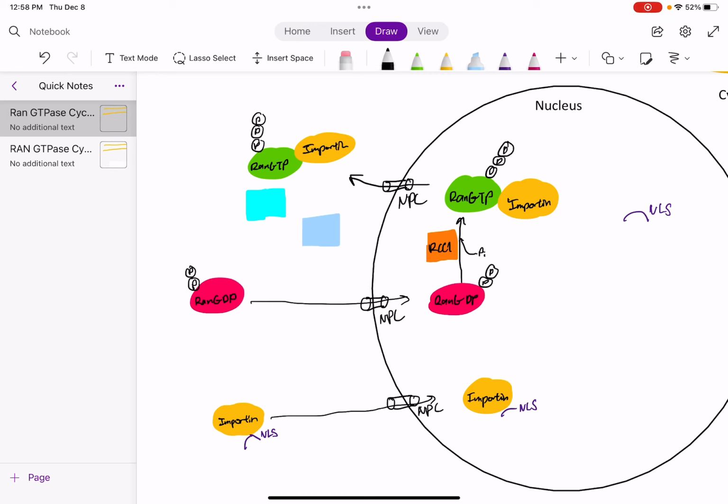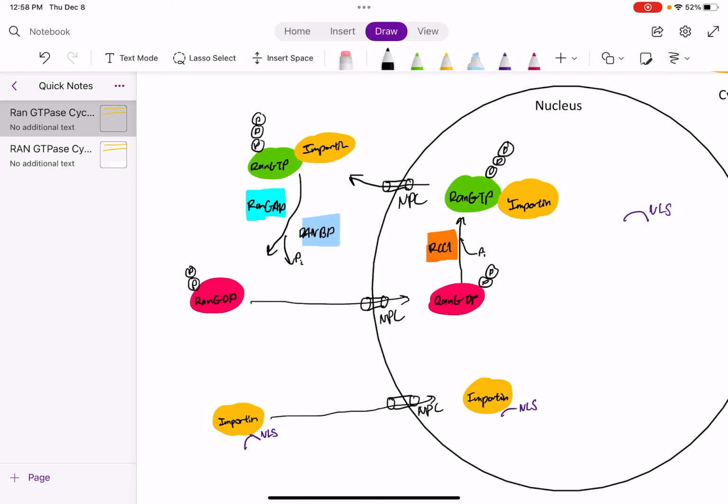They are called RAN-GAP and RAN-BP. What these proteins do is kick off a phosphate from RAN-GTP, turning it into RAN-GDP.